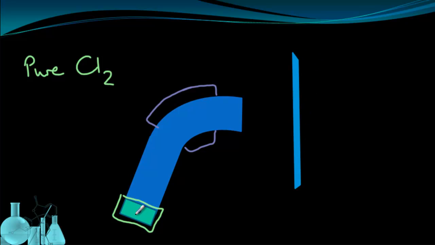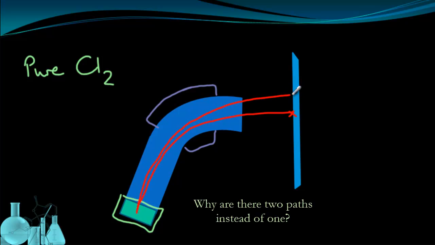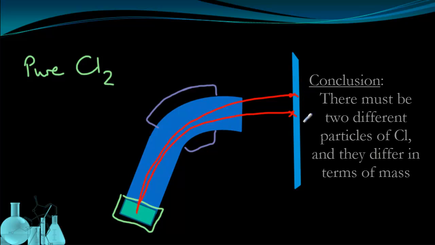Now what we see in this case is that one path of particles gets deflected and hits the screen here, and then we have a second path that follows very closely and gets deflected just a little bit less. And so from a pure sample of chlorine, we're seeing two paths of particles. What this tells us is that there have to be two different particles of chlorine that have different masses from each other.